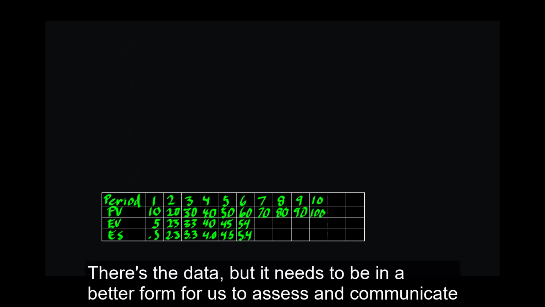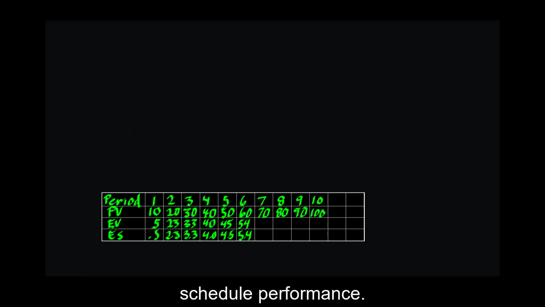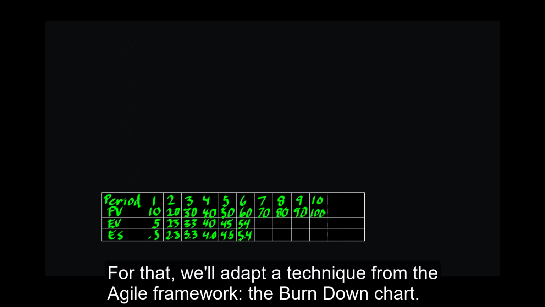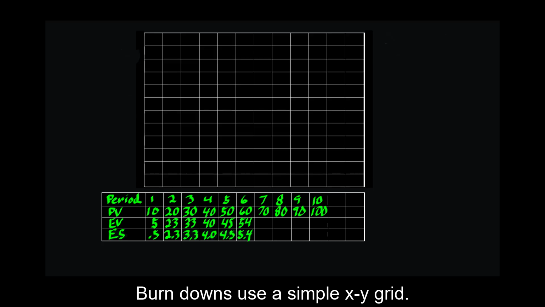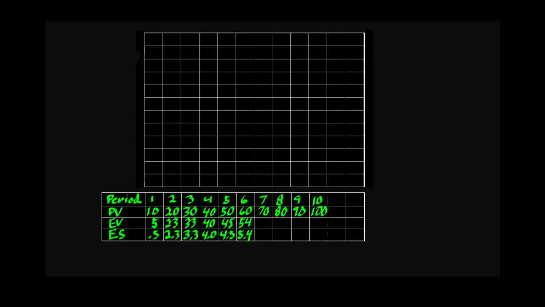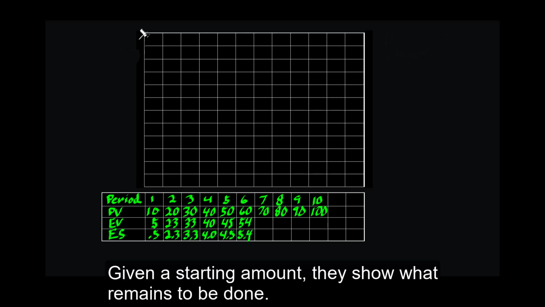There's the data, but it needs to be in a better form for us to assess and communicate schedule performance. For that, we'll adapt a technique from the Agile framework, the burndown chart. Burndowns use a simple XY grid. Given a starting amount, they show what remains to be done.